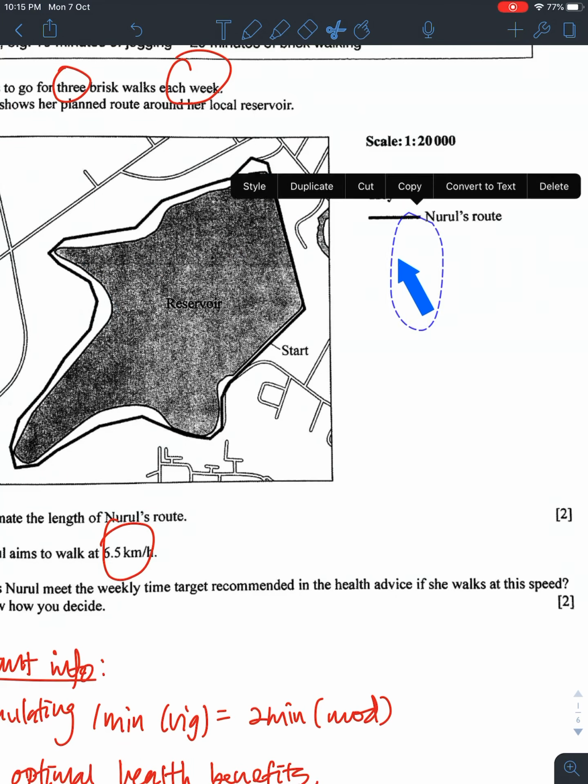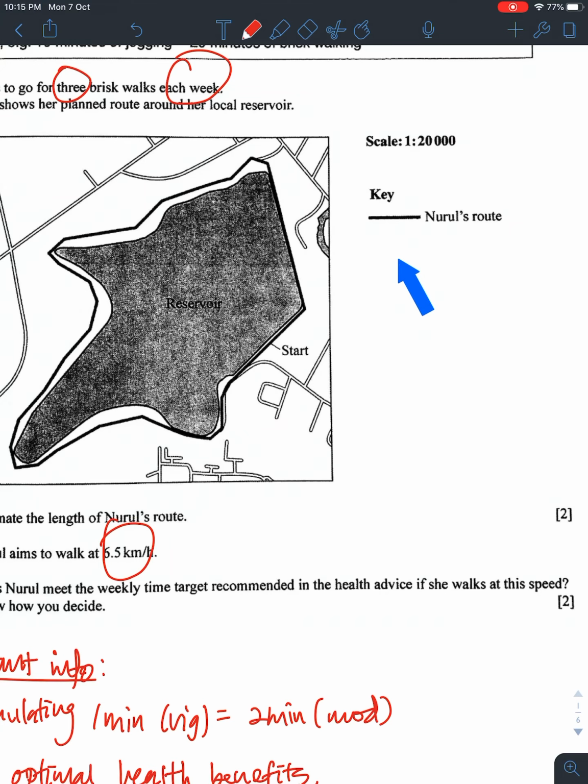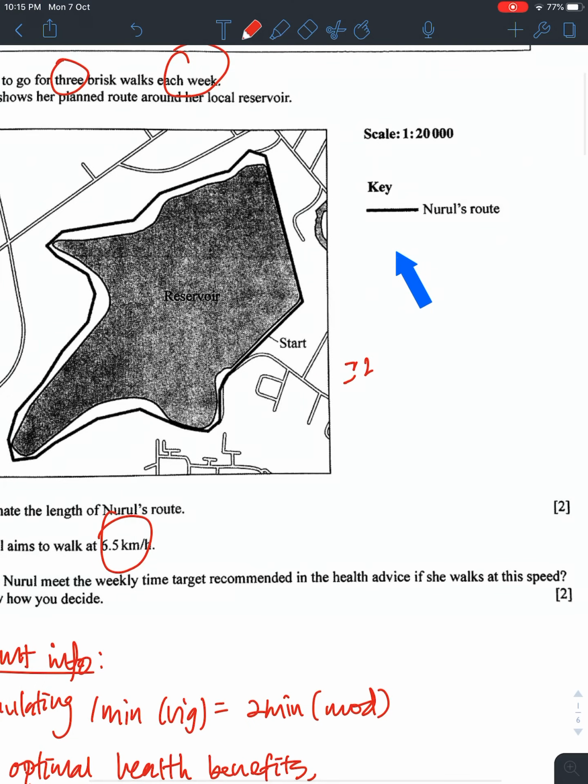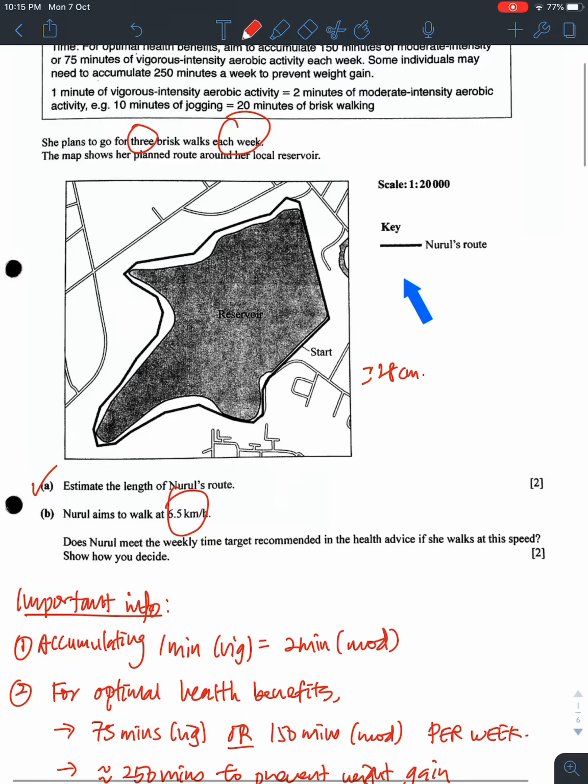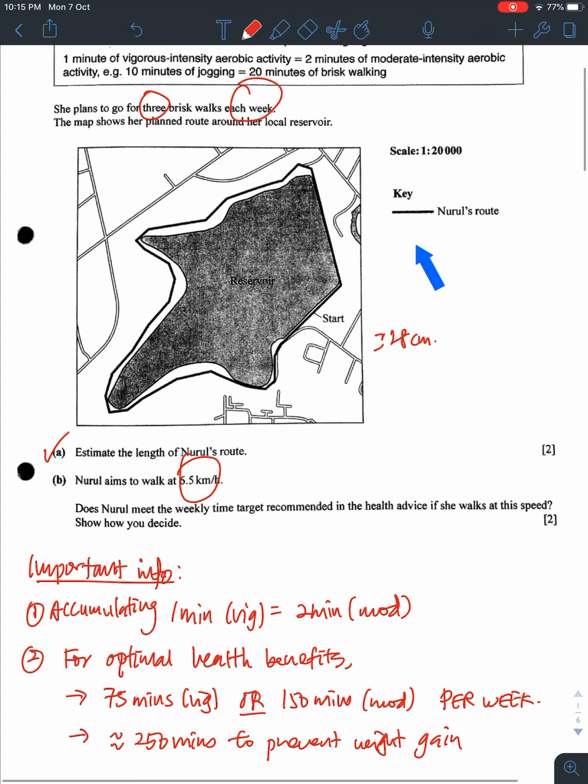In so doing, you realize that the sum of all of these line segments adds up to around 28 cm. So that's 28 cm on the map. In order for us to find the actual length of Nuru's route, we have to make use of this map scale.